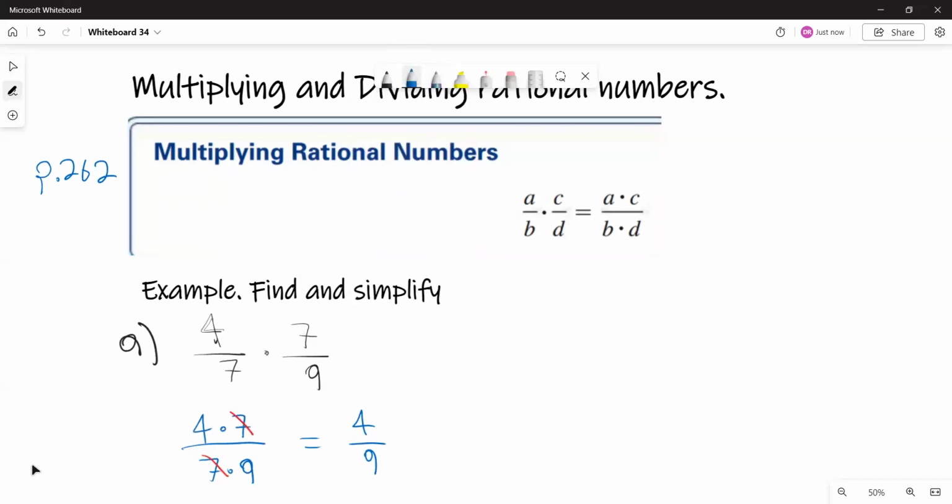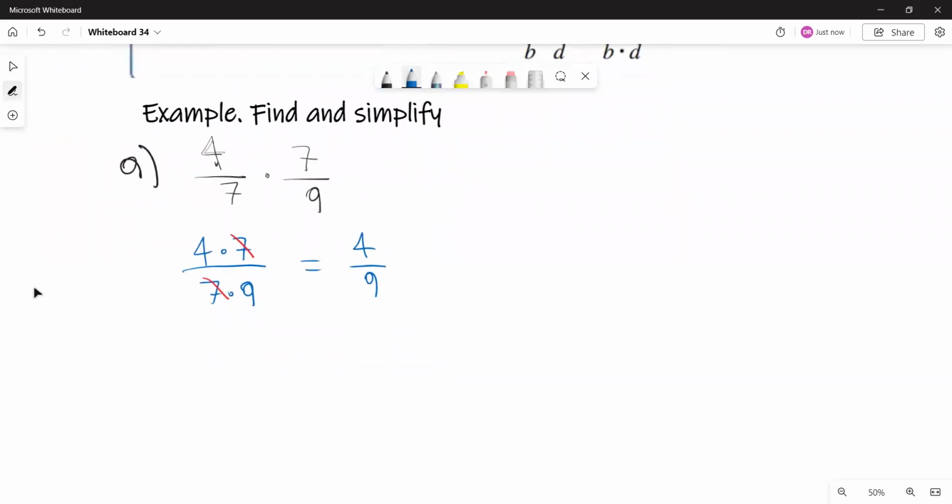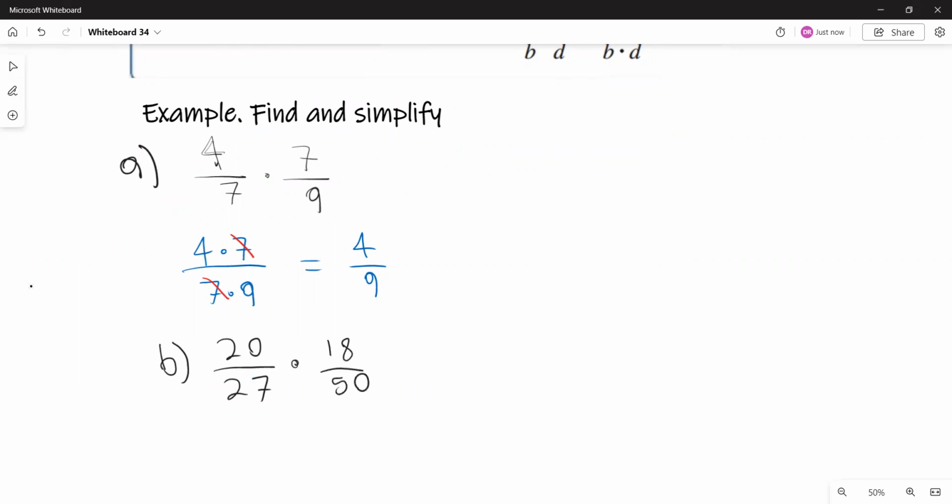B. Find and simplify 20/27 times 18/50. Okay, so I'm going to write on a separate line. You can do it right there if you want.